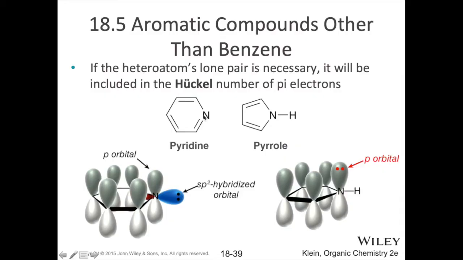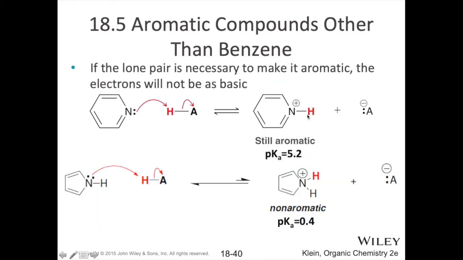This is an sp2 hybridized nitrogen. That p orbital can be used for conjugation. The lone pair is actually housed in an sp2 hybridized orbital on that nitrogen. Okay, and so that's what's kind of sticking out here. And so this is available to pluck a proton from something.